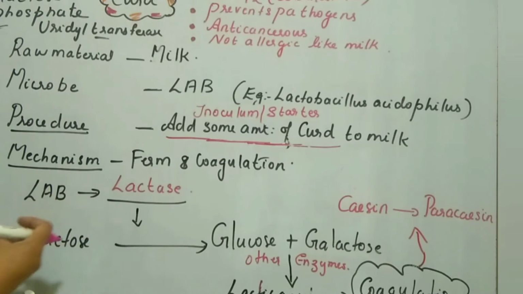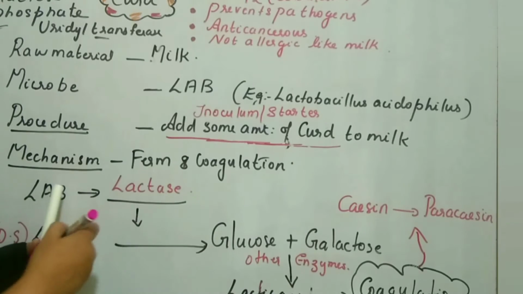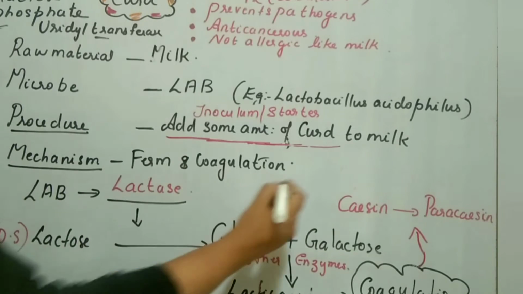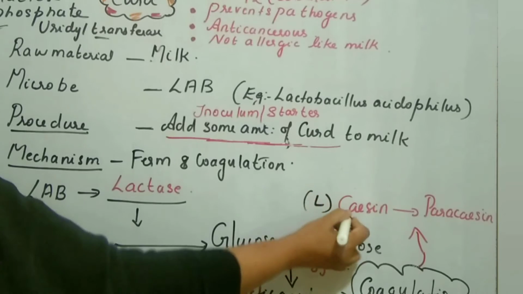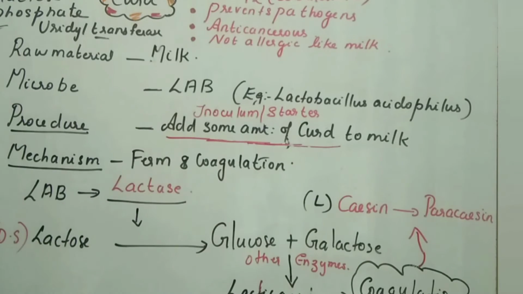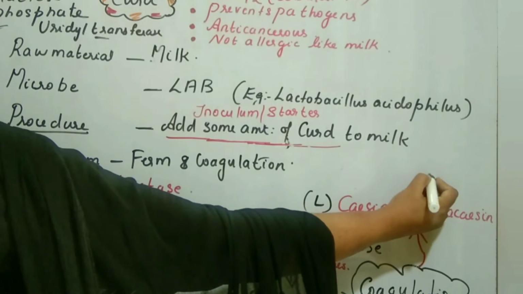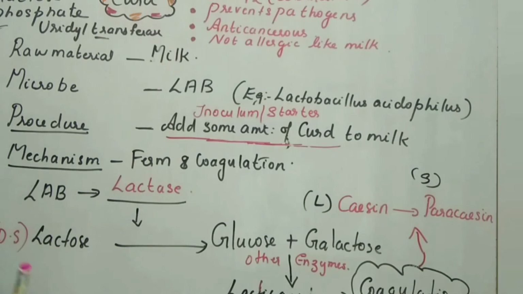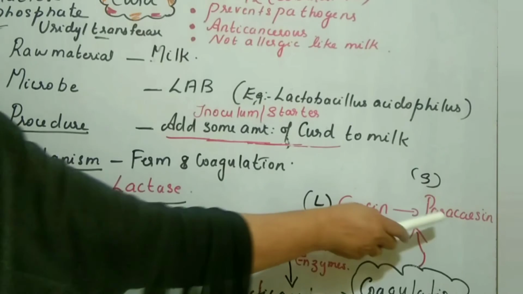And when the milk carries casein as the protein, the texture of the milk is liquid. But when this casein is converted to para-casein, the texture changes. That means it becomes solid clots. Clear? So this is how the coagulation occurs. So coagulation is the conversion of the protein casein into para-casein.